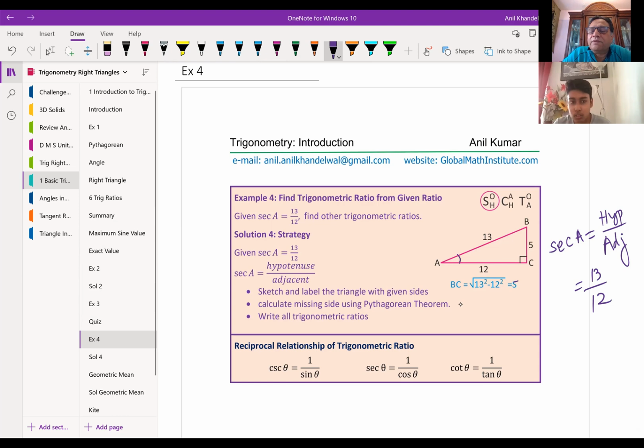And so we have 5 there as BC. 13 squared minus 12 squared is 169 minus 144, which is 25, and the square root is 5. This is also a Pythagorean triple, so we can easily know that this will be the side.